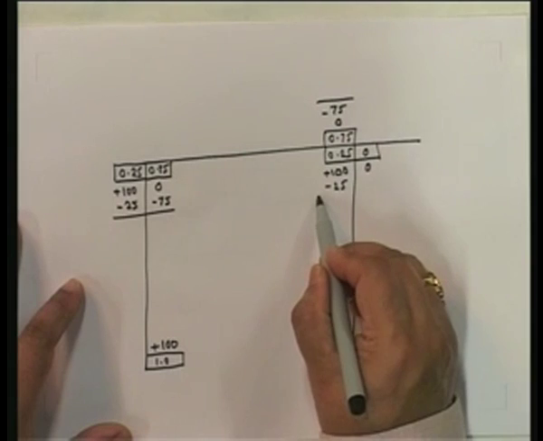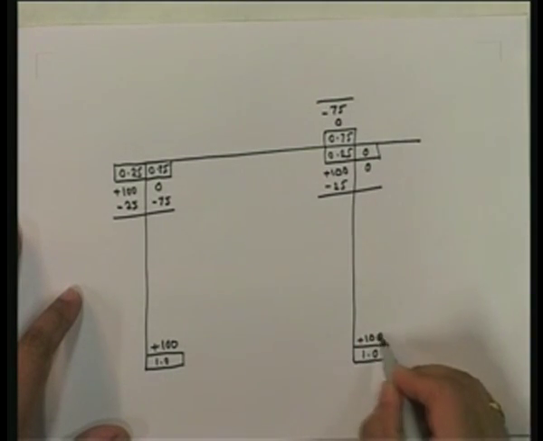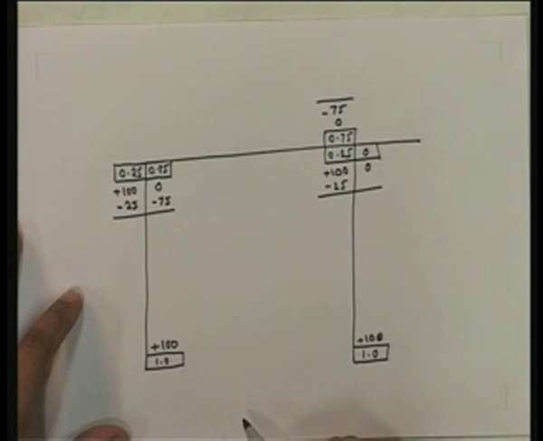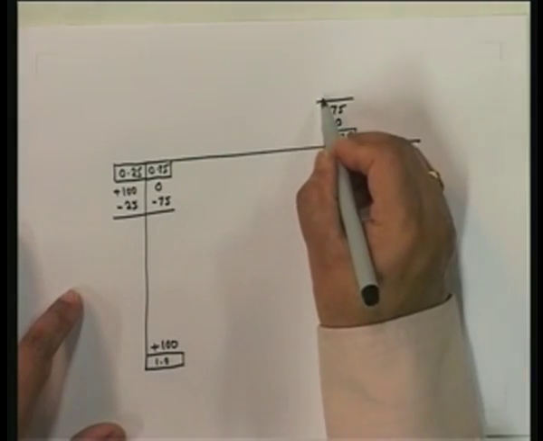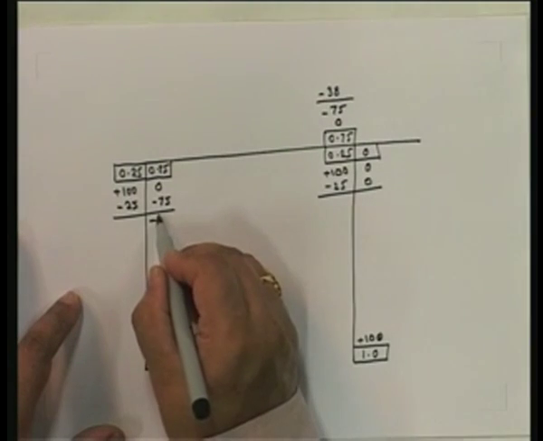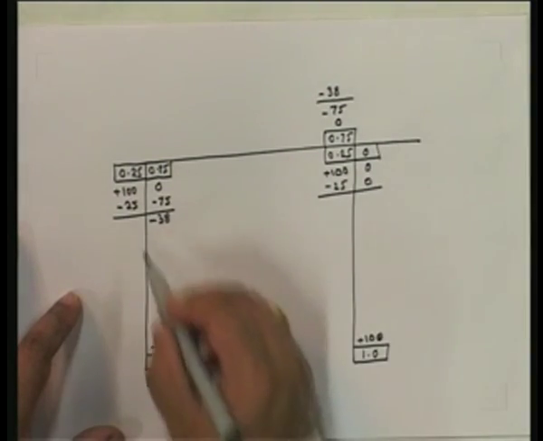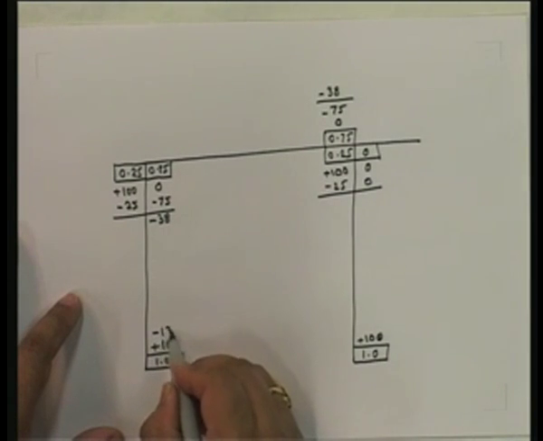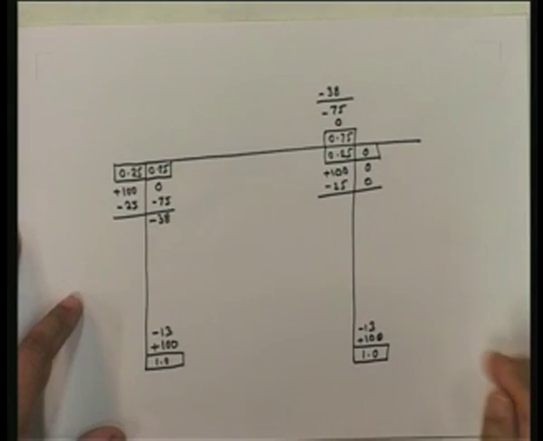That is distributed, and next 0 of course. Next, minus 38, minus 38. This is a carryover from here to here. From here to here, minus 13. From here to here, minus 13. Okay, so we are done with the carryover.